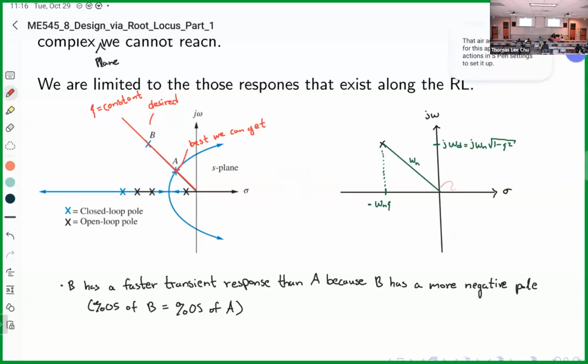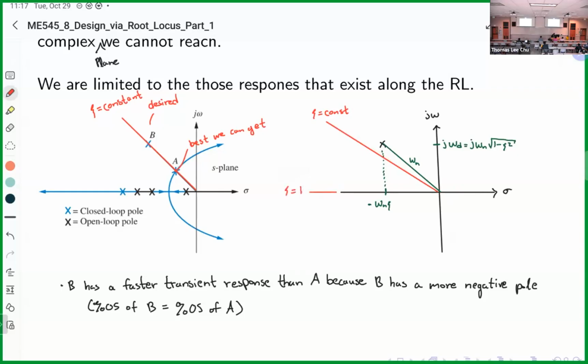So in red here, I'm going to say damping ratio is constant, zeta is constant. And maybe this line here is when zeta is equal to 1.